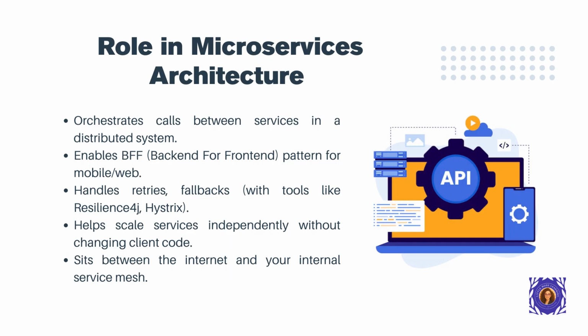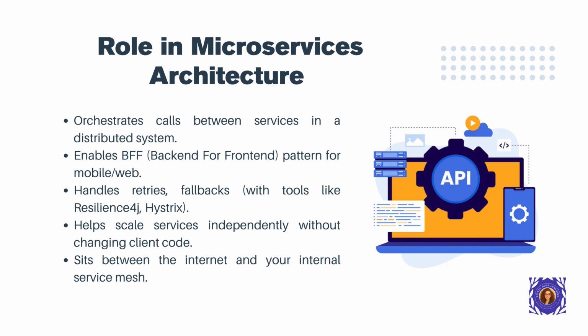In a microservices architecture, the API gateway plays a crucial orchestration role. It coordinates calls between services in your distributed system and enables patterns like backend for frontend, where you can create specialized gateway configurations for different client types like mobile or web.